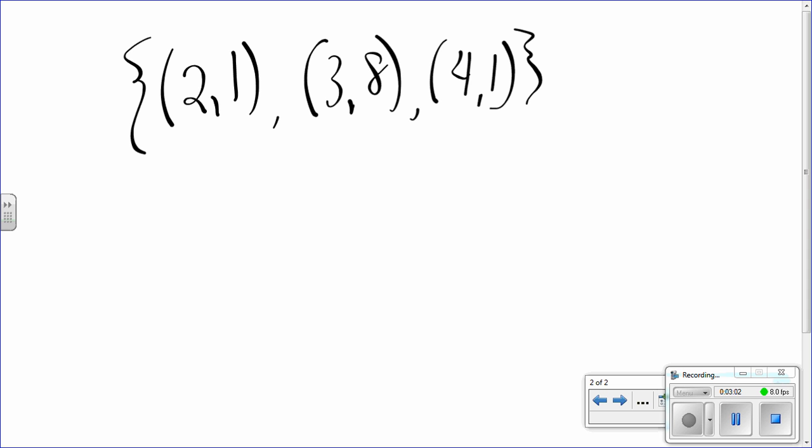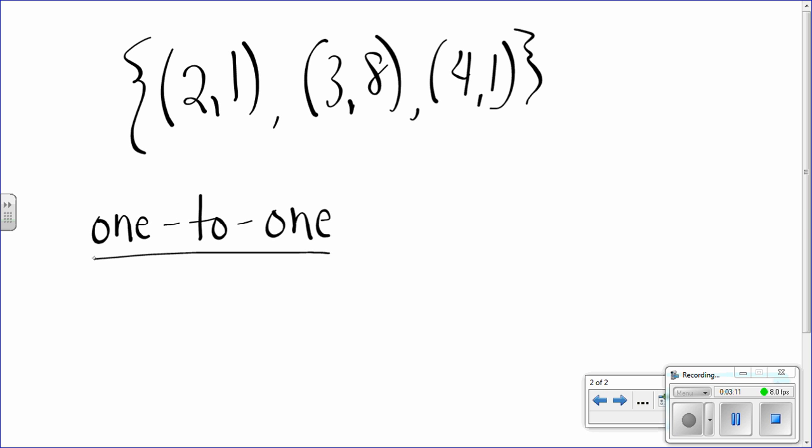Okay? In order for a function to have an inverse, it must be what we call one-to-one. Okay, one-to-one. And one-to-one means that the x's don't repeat and the y's don't repeat.